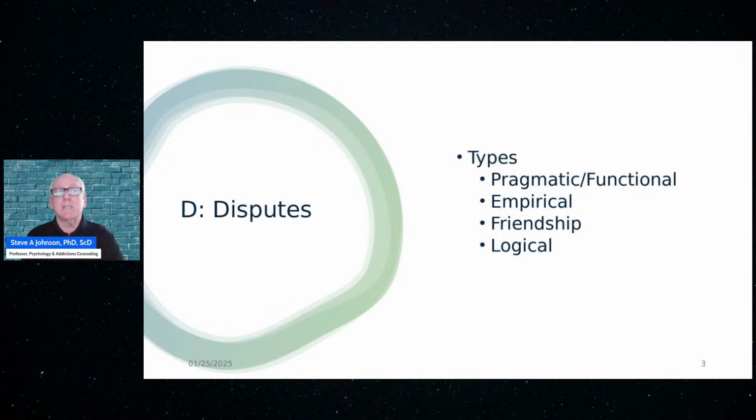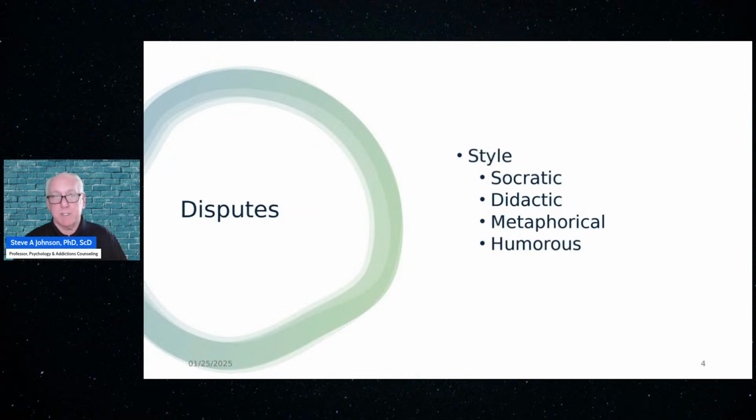Initially, try everything, and then zero in. Now, those are the types of disputes. But then there are also styles of disputing, and this is equally important. Each of those that I just gave, the pragmatic or functional, the empirical, friendship, and logical, can be done with different styles.